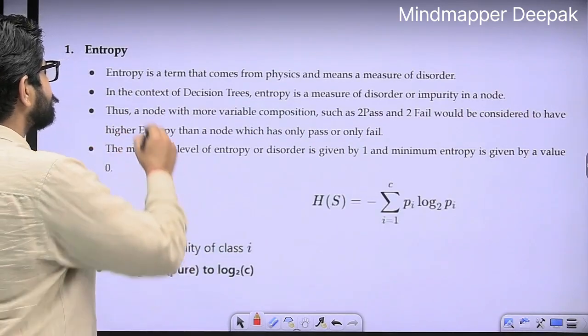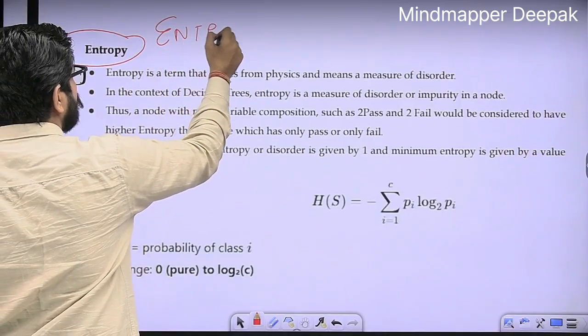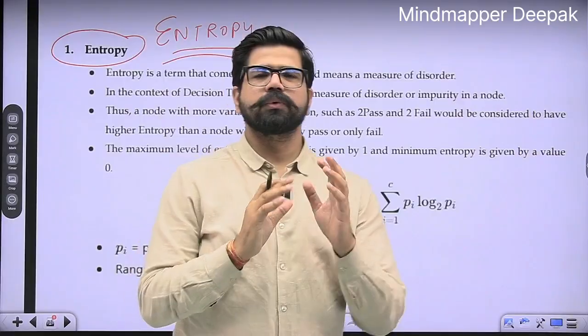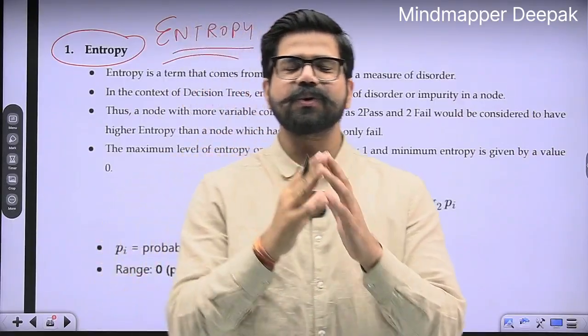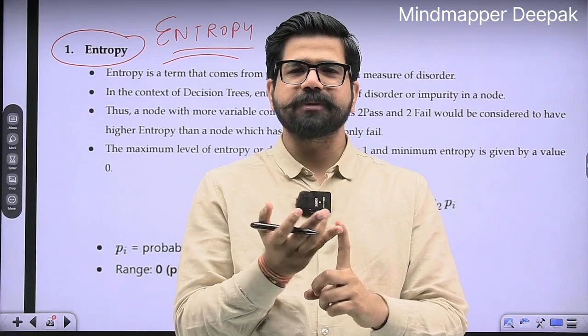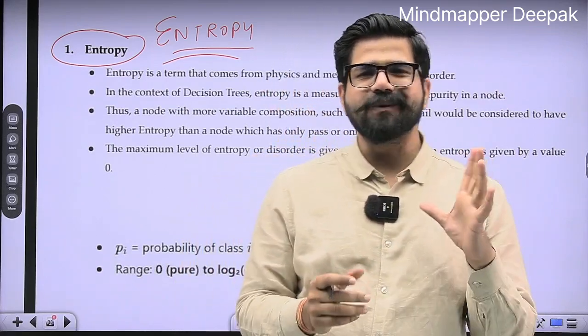Now, the first thing is the entropy. Now understand, I hope you all are BTech students, so you have completed your chemistry and physics in 11th and 12th. There a term comes known as entropy.